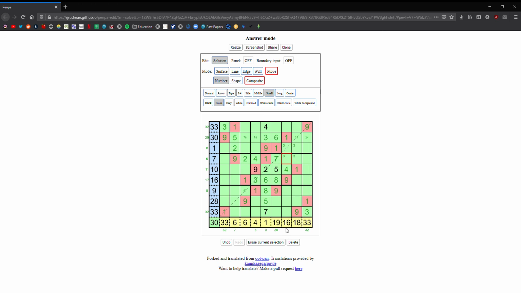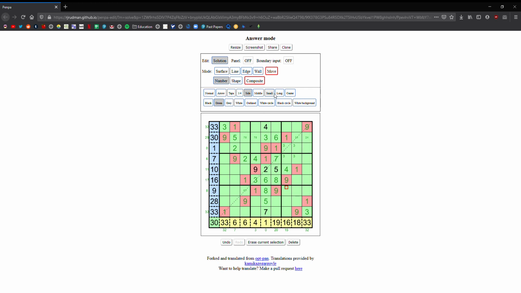So let's think how that affects our 16. If we say that this 16 is supposed to be 17, then we've got a 4 and a 3, which is 7. We'd have 10 left over, which couldn't get into a single box. So there's no way, because there needs to be a 4 and a 3, there's no way that can be a 17. It has to be a 15.